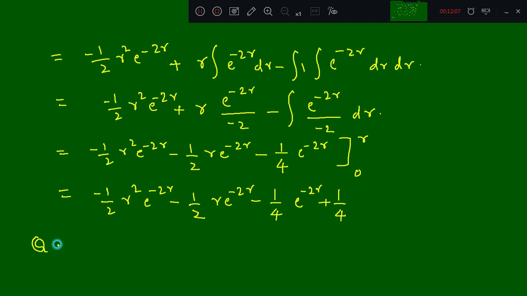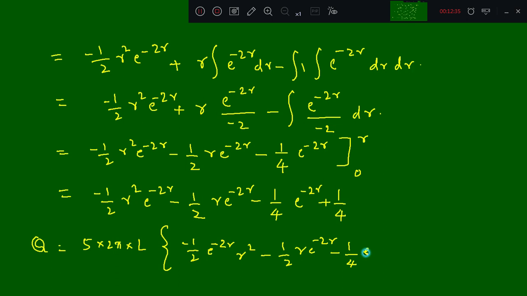So what is total Q? So the total Q value is now 5u into 2 pi into L into this: minus 1 by 2 e raised to minus 2r into r square minus 1 by 2 r e raised to minus 2r minus 1 by 4 e raised to minus 2r plus 1 by 4.